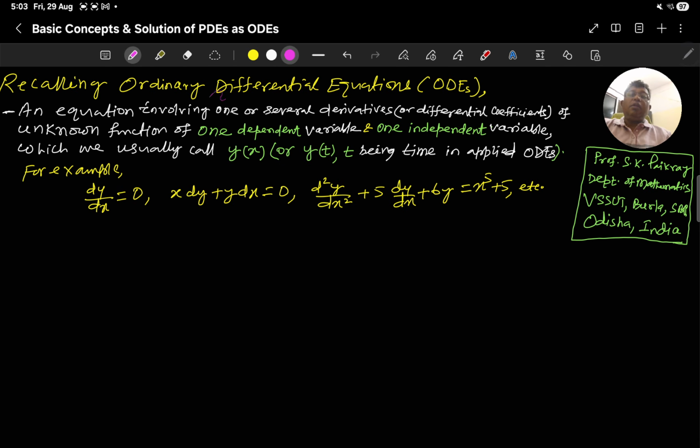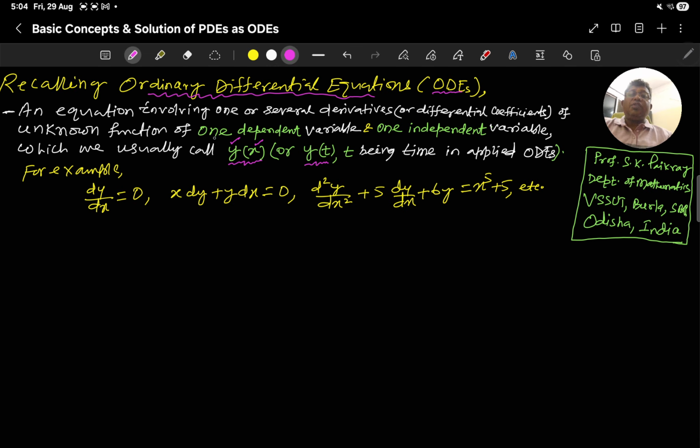Now if you recall an ordinary differential equation, in short we write ODEs, ordinary differential equations, right? We have a function y of x, or if we think of the applied ODE, y of t, where t is time. So here y is the single dependent variable and x is the single independent variable.